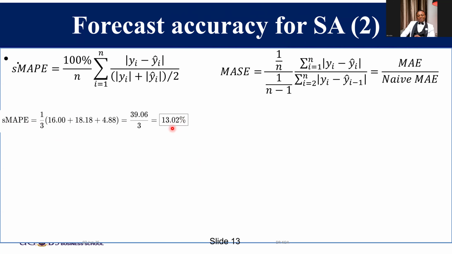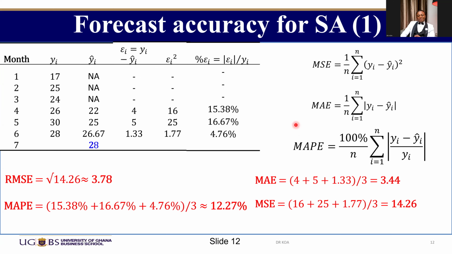Now, the MASE. Remember we said the MASE uses the MAE, the mean absolute error for that particular approach. Which approach are we dealing with? We are dealing with the moving average. So we take the moving average's mean absolute error, which is 3.44.